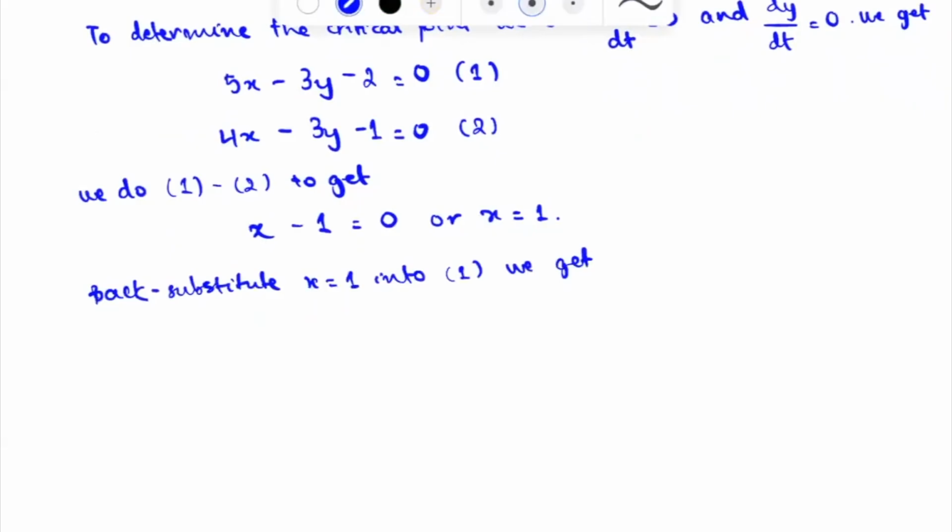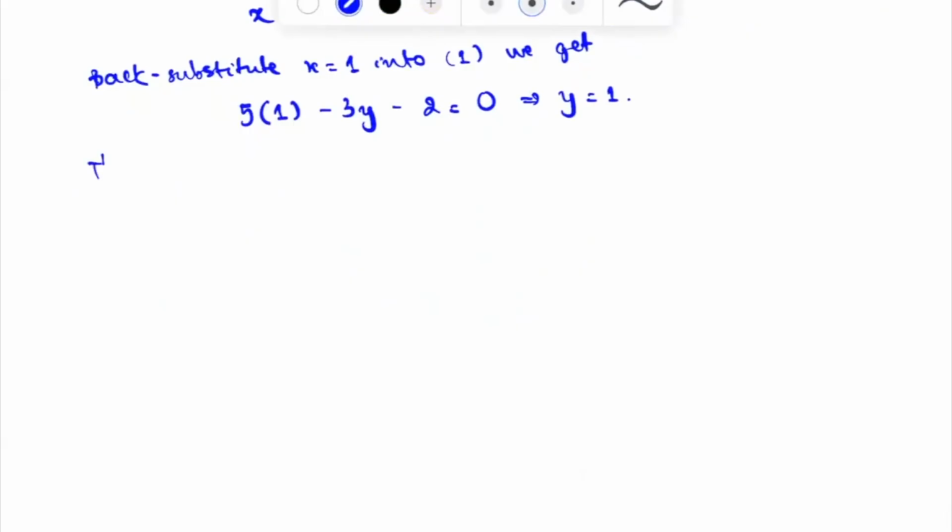We get 5 times 1 minus 3y minus 2 equal to 0. And if you do the calculations correctly, it should give you y equal to 1 as well. So the critical point is (1, 1). Right. So we finished with the critical point.